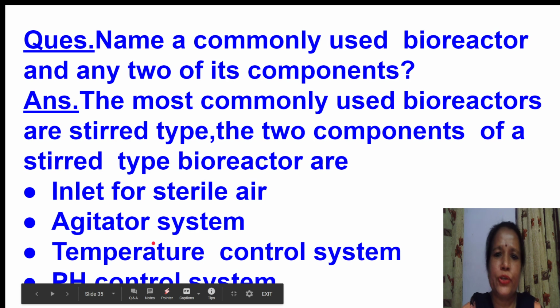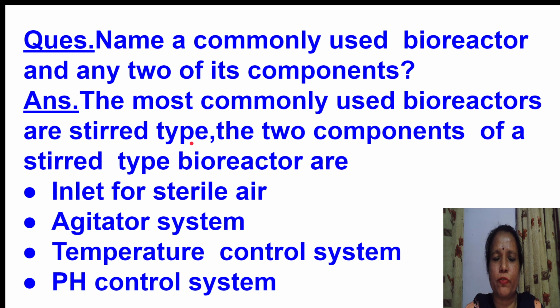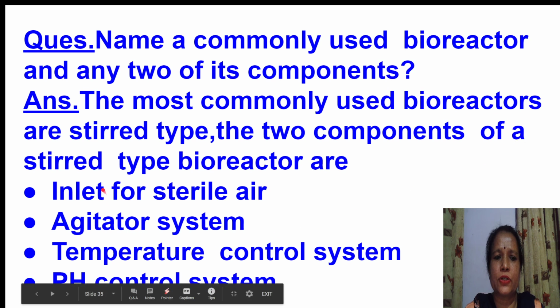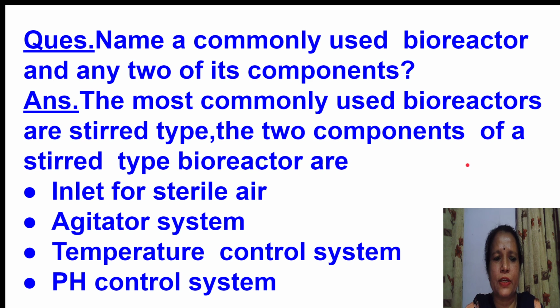Name the commonly used bioreactor and any of its two components. So the most commonly used bioreactors are the stirred type of bioreactors. The two components of the stirred type of bioreactors, you can write any of these.